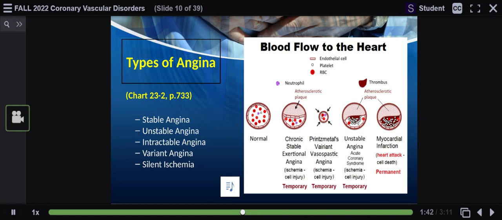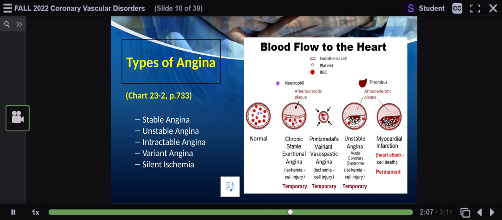So in addition to nitroglycerin, these patients may require medication such as morphine. Obviously, supplemental oxygen is probably necessary because of the demand of oxygen to the myocardial cells that have been damaged. Both stable and unstable angina are temporary and can be reversible.